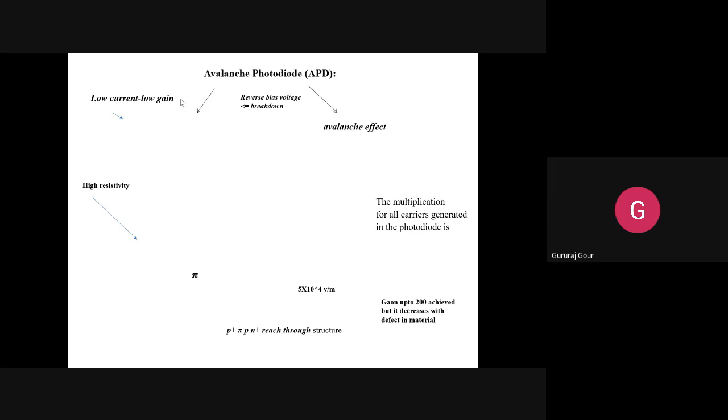That is very, very low, so the gain is also going to be very, very less. In order to overcome this, to increase the optical output current or the gain of the photodiode, we have to make the diode operate in a reverse bias voltage very much nearer to the breakdown voltage, or in the breakdown voltage.